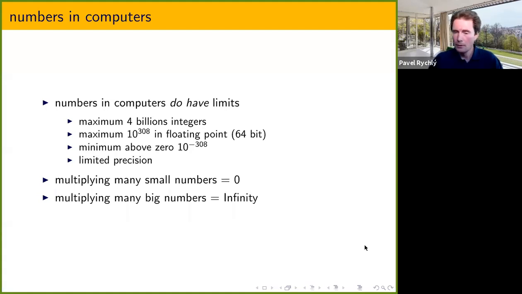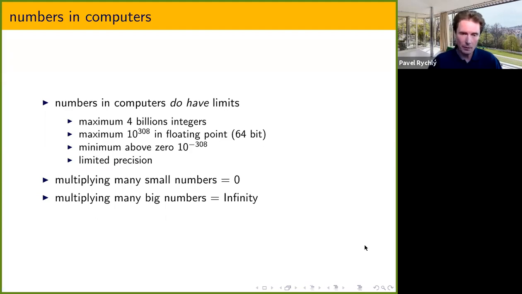For example, in computing some probabilities, it is quite easy to multiply many small numbers, and the result is 0, which is quite different in, say, probability, because 0 probability means that it is not possible.